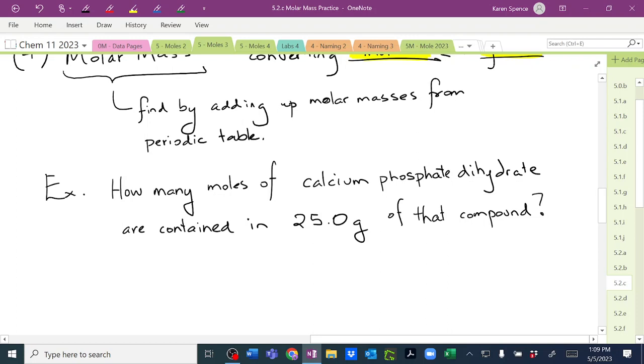Before you do anything else, what would you need to figure out? Calcium phosphate dihydrate. So everyone try to write the formula for calcium phosphate dihydrate.